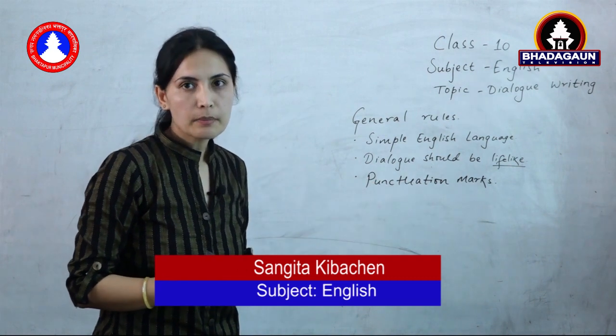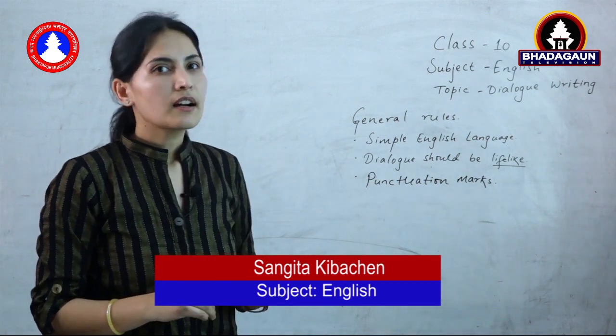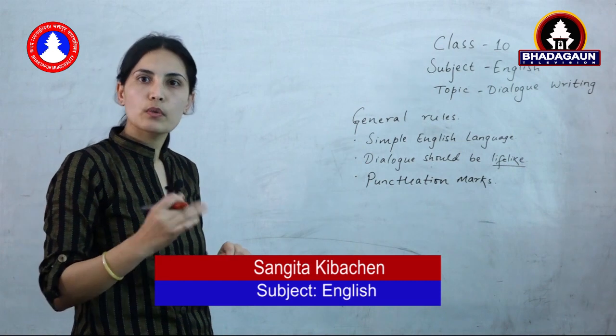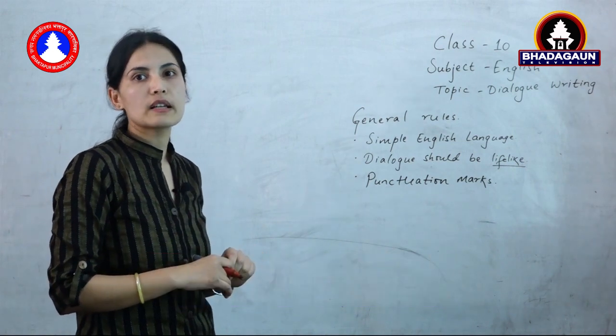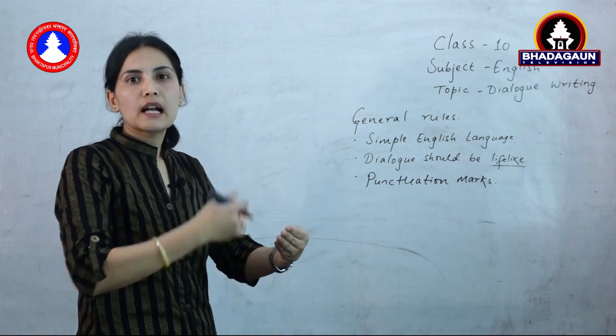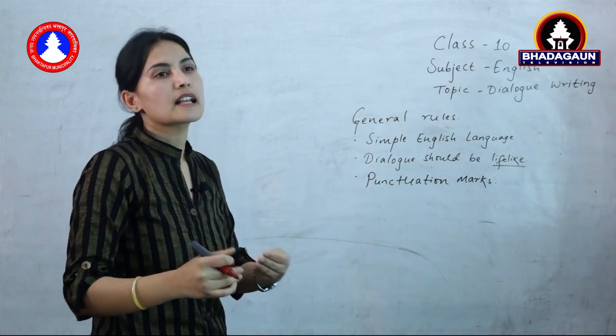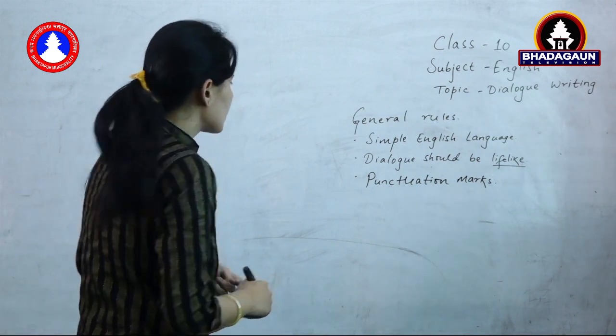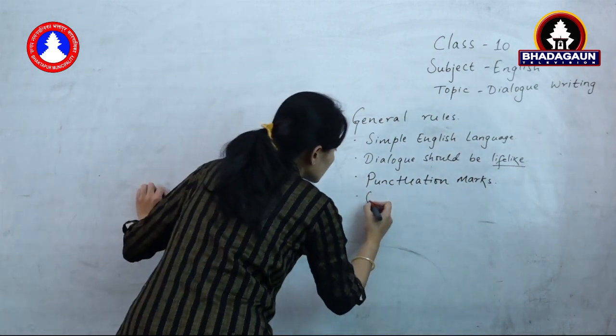It can be full stop, comma, inverted comma, question mark, all of these. I suggest, I insist, all the students, after you write a dialogue, please go through it once again so that you make corrections on the punctuation, spellings and so on. And the next thing is grammar.